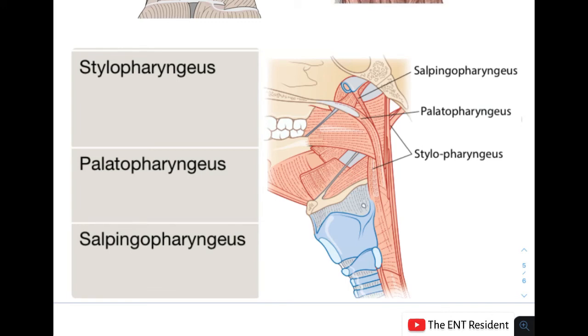As you can see in this picture, this muscle right over here is the Salpingopharyngeus muscle, which takes its origin from the pharyngotympanic tube. This is the Palatopharyngeus muscle, which takes its origin from the hard palate and the palatine aponeurosis, and the Stylopharyngeus muscle, which takes its origin from the styloid process.